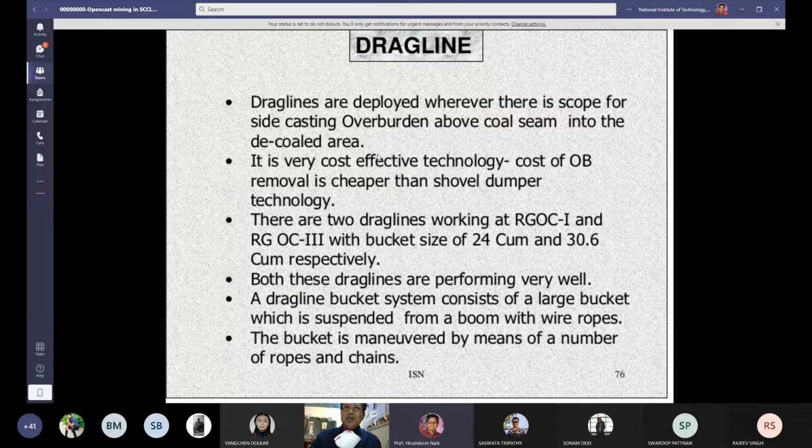The draglines are deployed wherever there is scope for side casting overburden above the coal seam into the decoaled area. So the draglines are used where there is scope for side casting the overburden in the decoaled area.